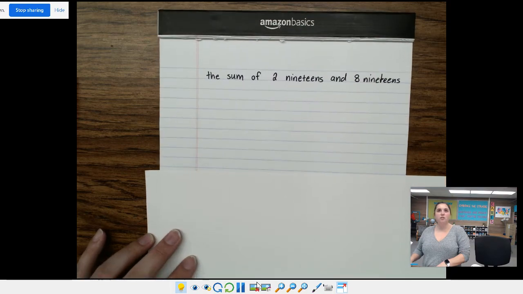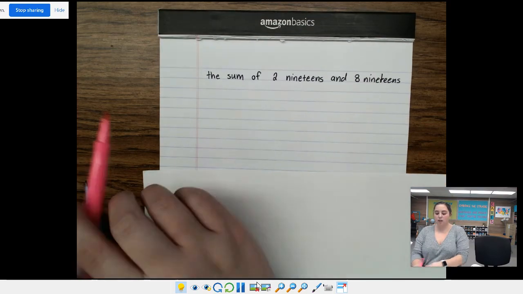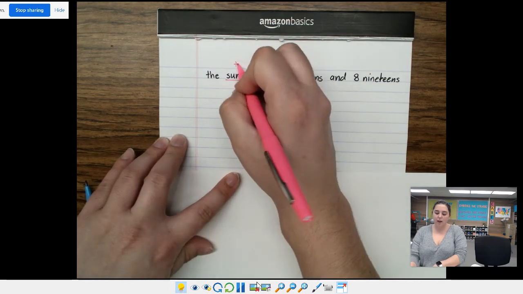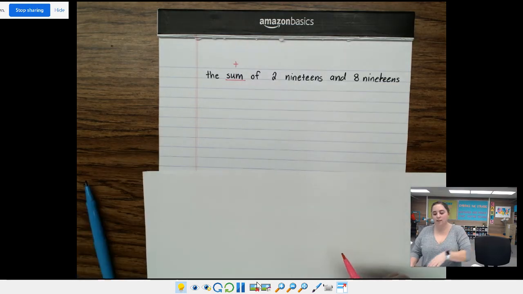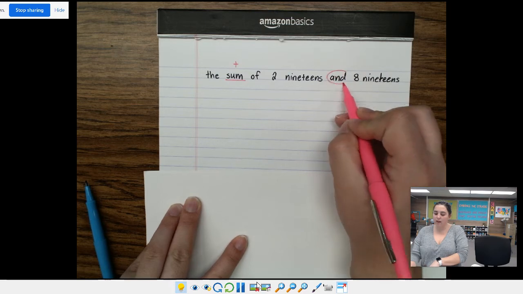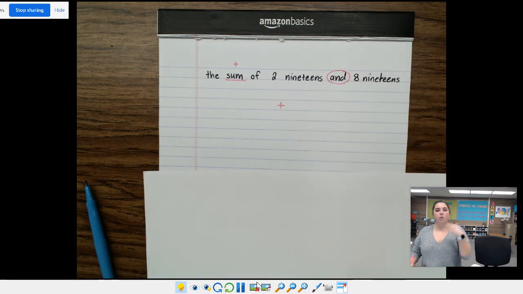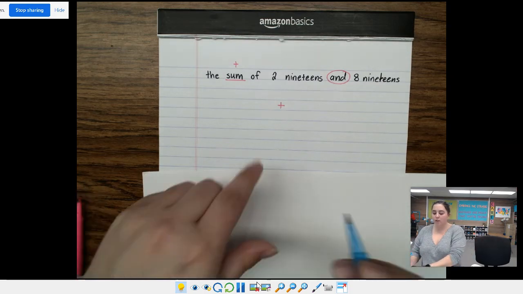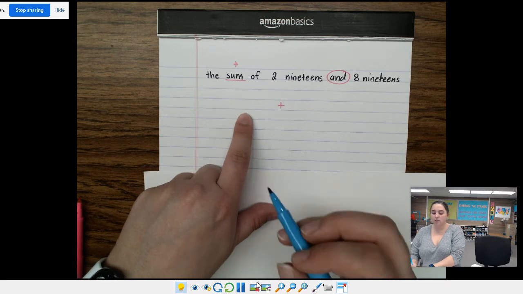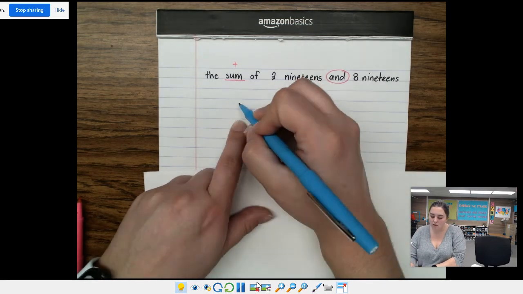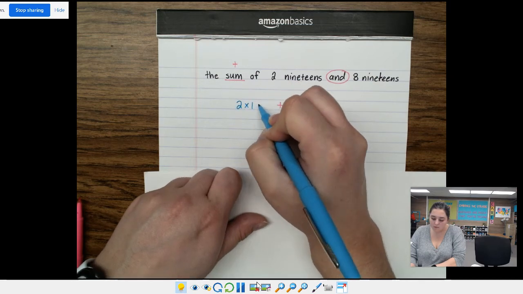What words stick out to you? Again, we have sum, meaning to add. And what is it that we're adding? Here's my and. We're adding blank and blank. We're adding 2/19. What would that look like? There we go.